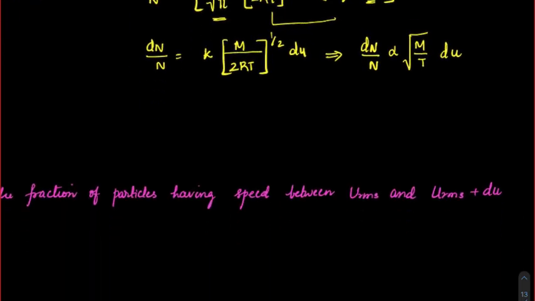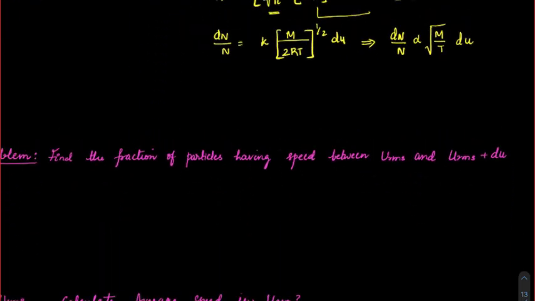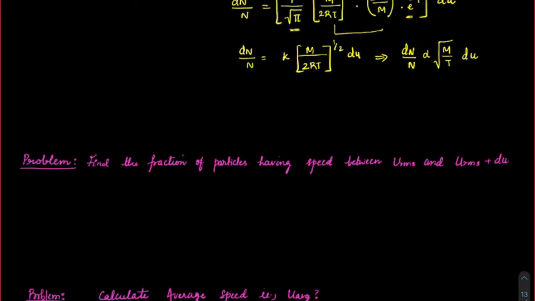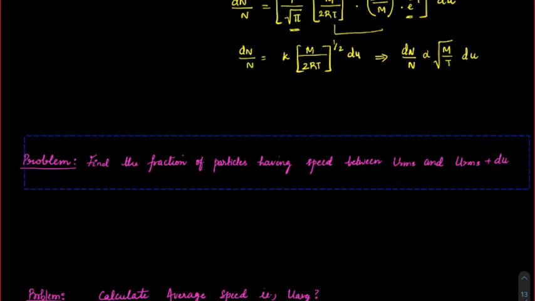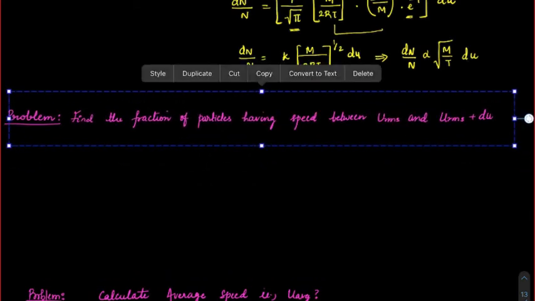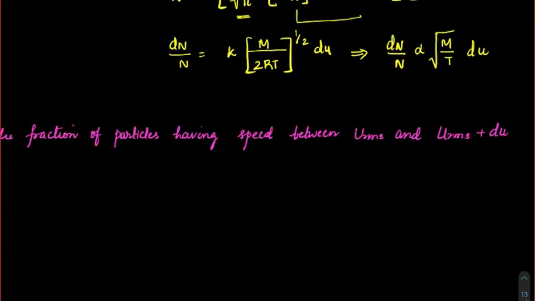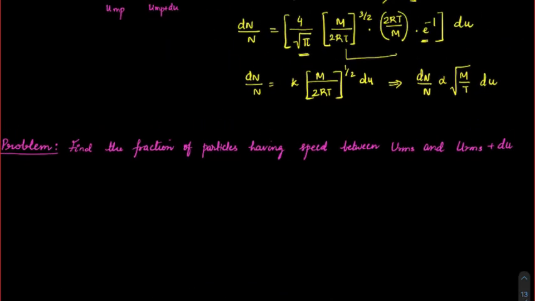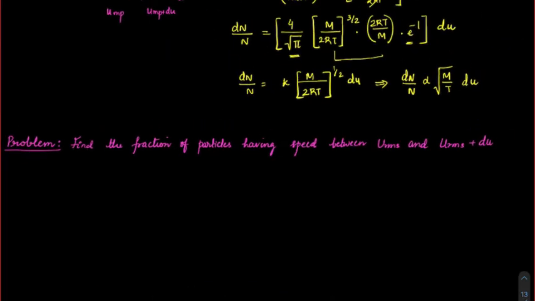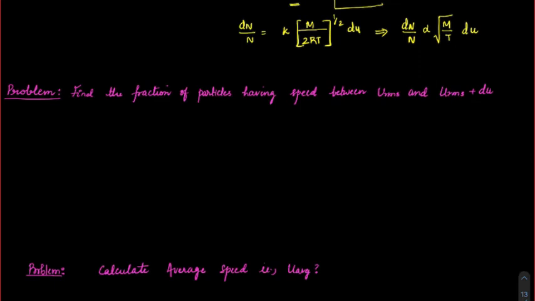The same logic we have to apply for the next question, where I need to calculate the fraction of particles for urms and urms plus du. Same question this time for urms and urms plus du. So you just have to substitute the urms value, so I'm directly substituting that, skipping a few steps here, you can check it out.